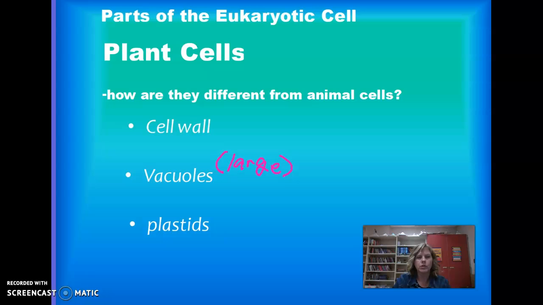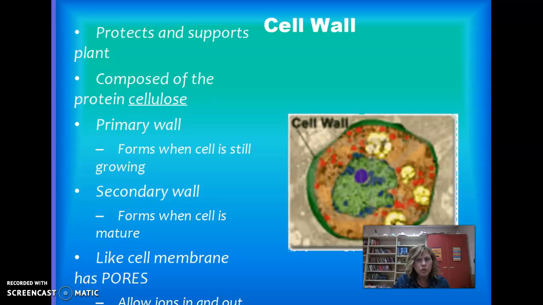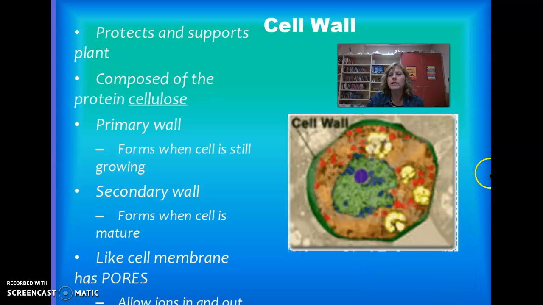And of course, plant cells have a cell wall in addition to the cell membrane, not instead of, and then plastids. The cell wall is this very rigid structure, and plants need that for support because they don't have a skeleton like animals do. When the cells are still growing, they only have a primary cell wall because it's still forming.